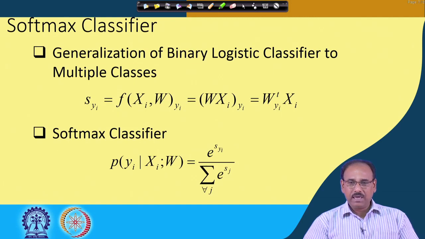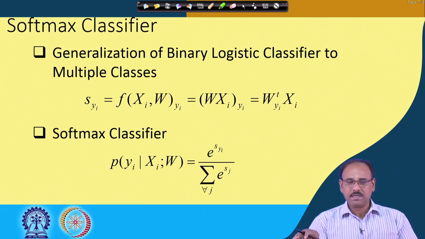But when we have a multi-class problem, we have discussed earlier that I can have a linear machine, where the set of parameters is represented as a weight matrix W, where every row of the weight matrix W represents a prototype or a class, that is, a representative of a particular class. So, if I have say k number of classes, I will have k number of rows in the weight matrix.